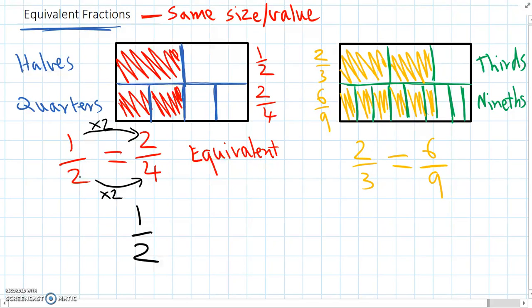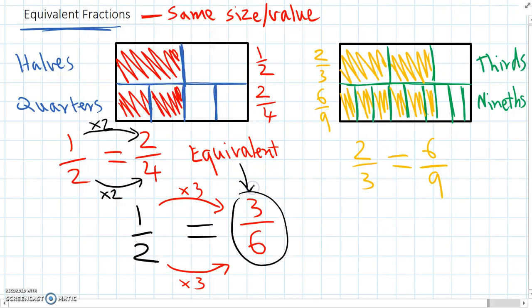So to make an equivalent fraction, what we can do is multiply the numerator and the denominator by the same value. So let's multiply by 3 this time. 1 times 3 is 3 for the numerator, and 2 times 3 is 6 for the denominator. So 1/2 is equivalent to 3/6.